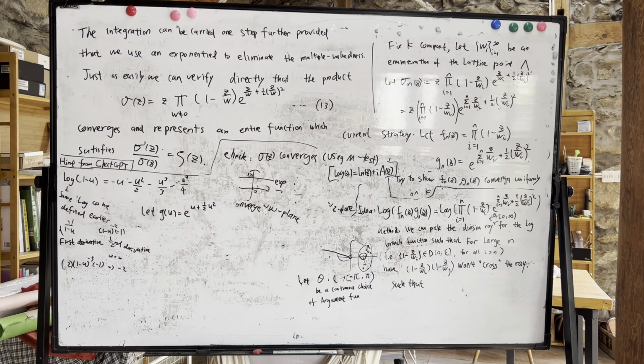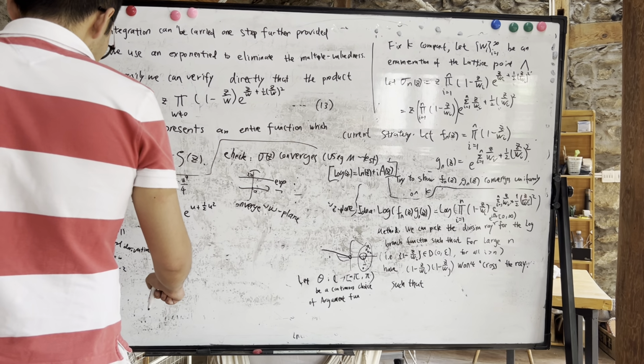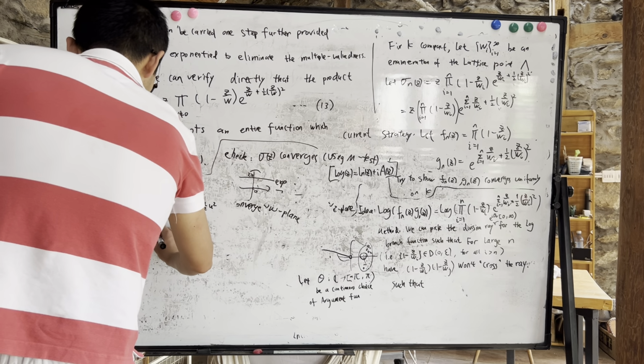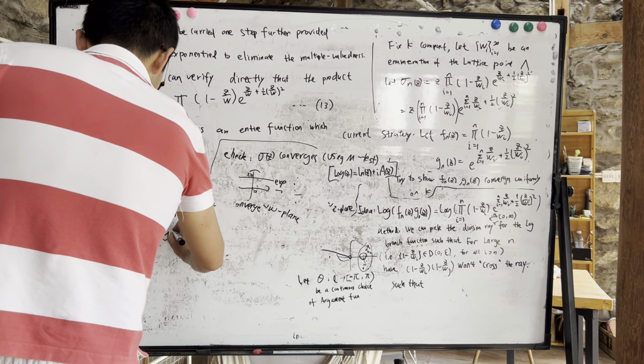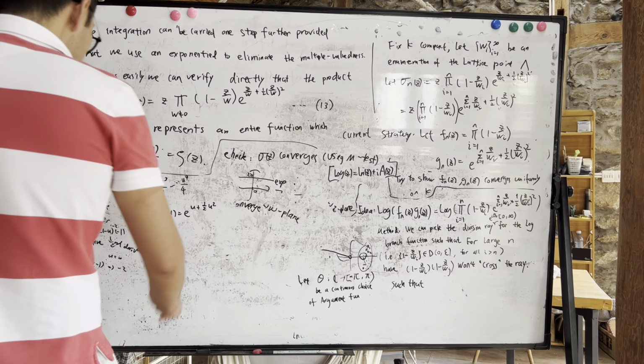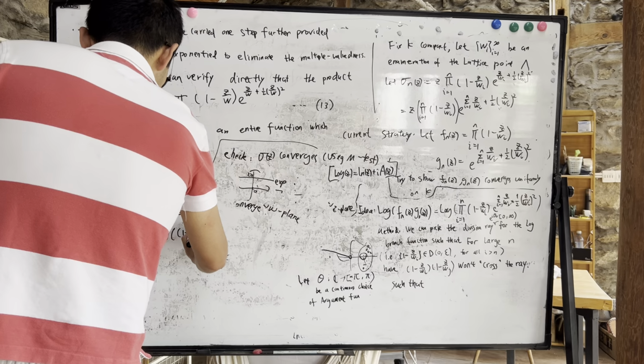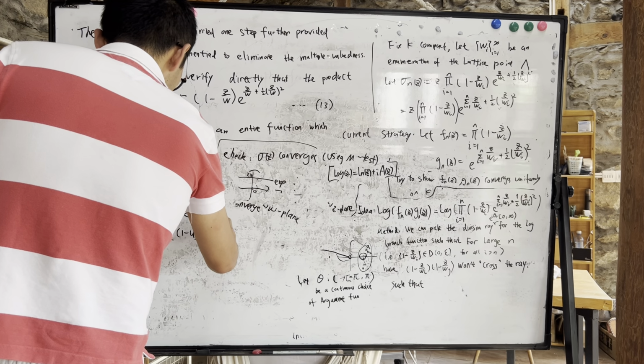So I think maybe I'll probably continue next time by saying that if I take the log of 1 minus u times e to the u plus 1/2 u squared.